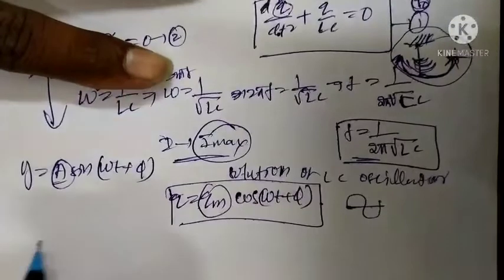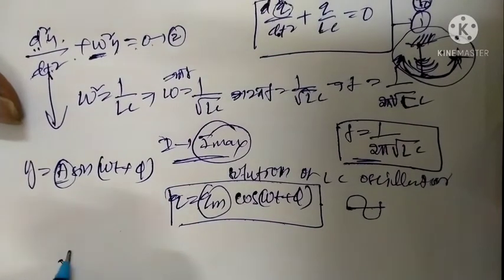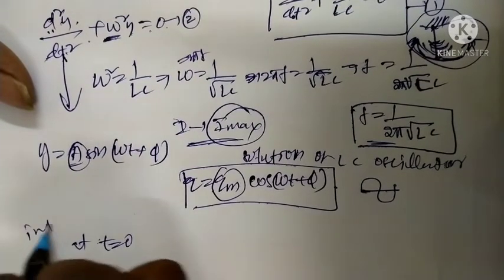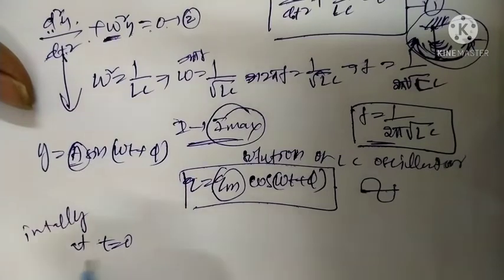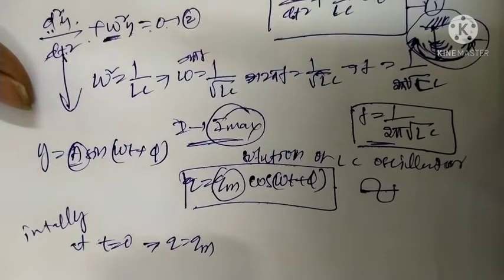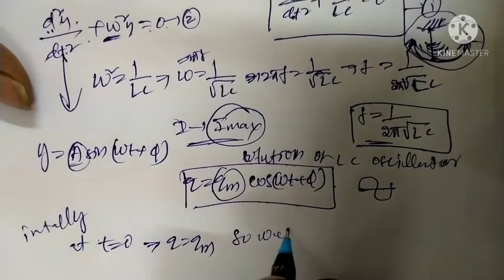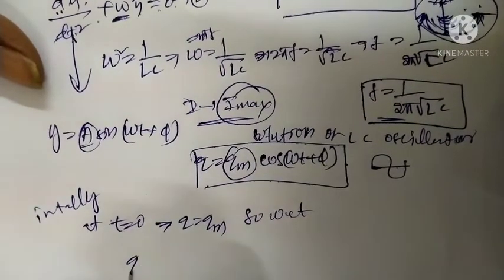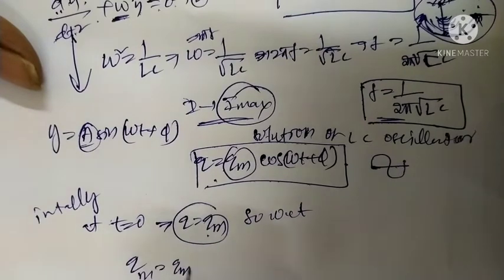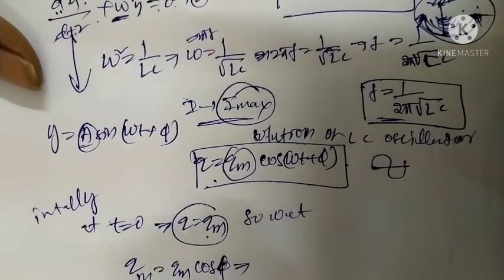In the case of the capacitor, initially it is maximum at t equal to 0. Initially at t equal to 0, the charge Q is equal to Qm, that is the maximum charge in the capacitor. So we can substitute this value: Qm is equal to Qm cos phi.